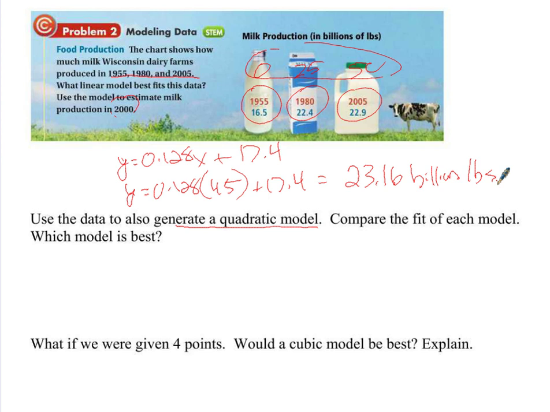What do you notice about our answer? Right, we were given 1980, we're given 2005, and the answer that we got, 23.16, is higher than either of these. Is that okay?